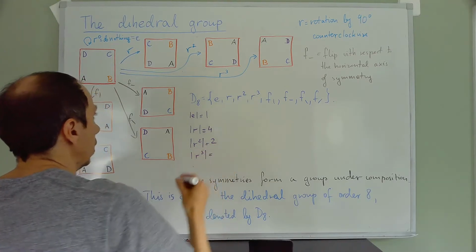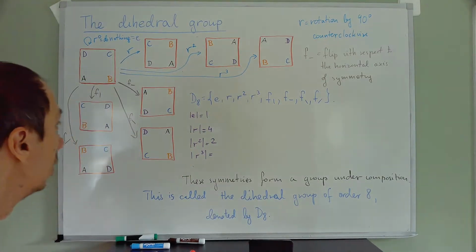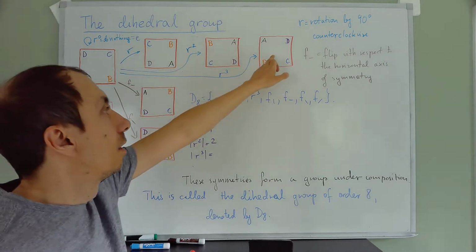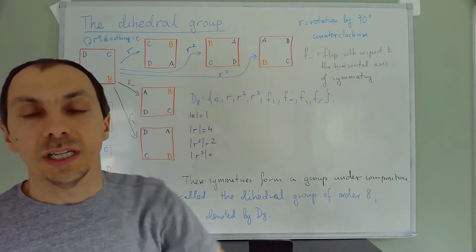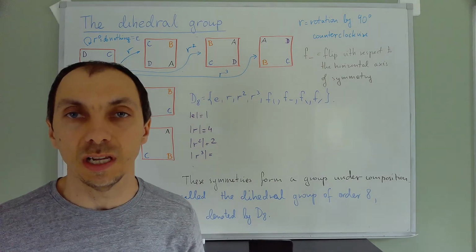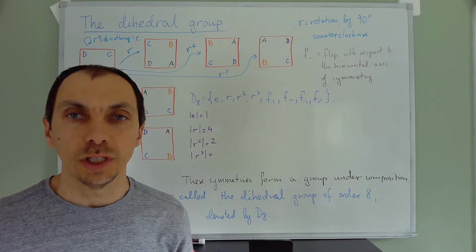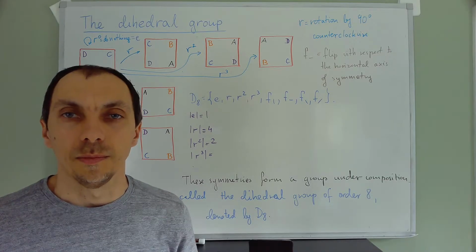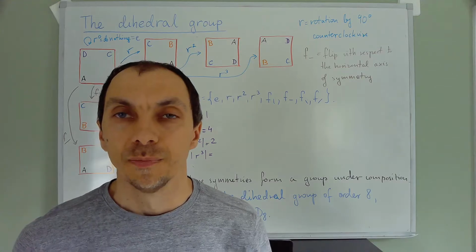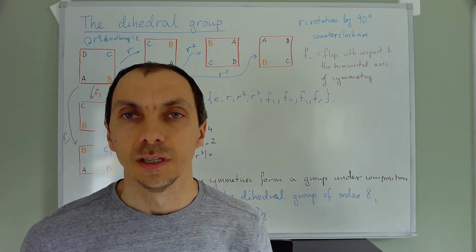What about R cubed? Alright, I'm not going to be rotating this because I'm going to get lost. But if I rotate the square by 270 degrees, then I get this. If I do it again, that's rotating it by 540 degrees, which is the same as 180. So you do not get the identity yet. Rotate it again, and you get 540 plus 270, so that's 810 degrees.